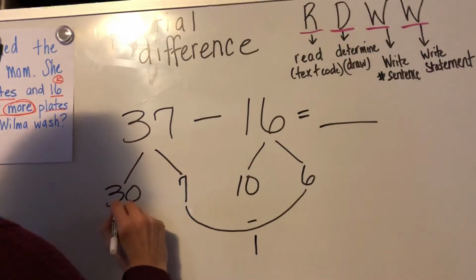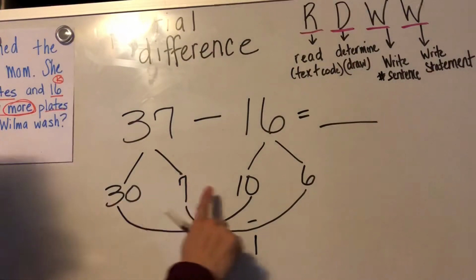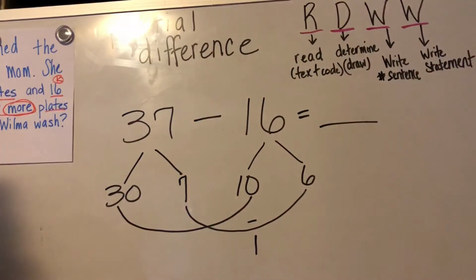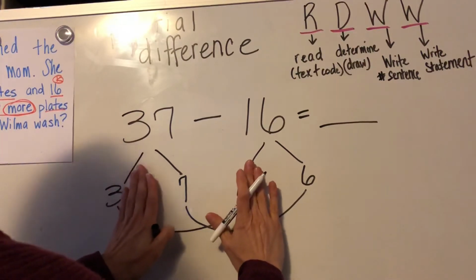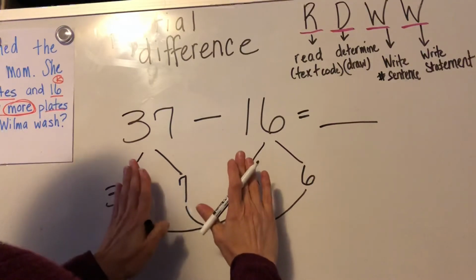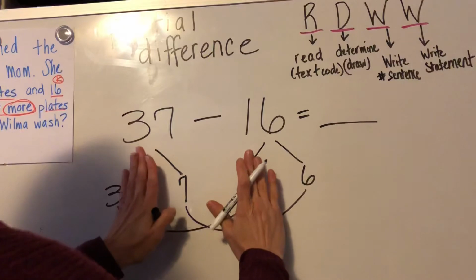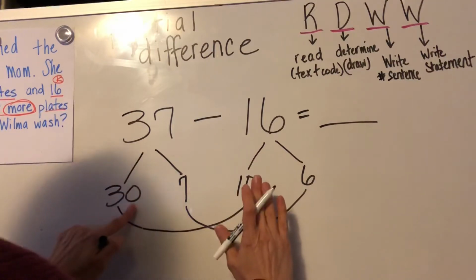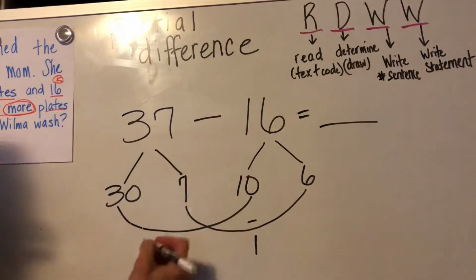Now I'm going to go to my tens. 30 minus 10. With big numbers like that, I like to cover those zeros and ask myself, what is 3 minus 1? That's really easy for me. 3 minus 1 is 2, so 30 minus 10 is 20, because we just put that 0 back on.